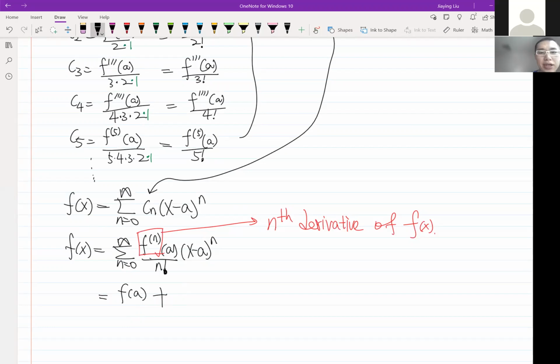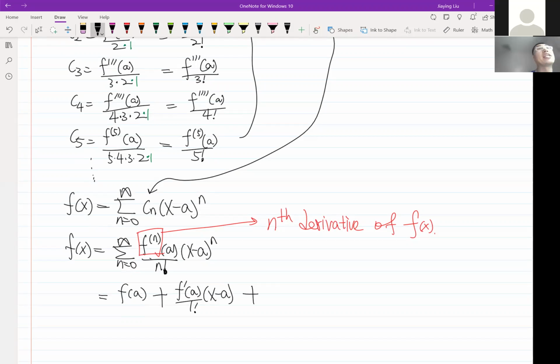Plus, if we put 1 there, it will be the first derivative. So that's f prime of a, divided by 1 factorial, which is just 1. I'm not going to write the 1 in the denominator. You can write it as 1 factorial if you like, but you don't have to. And then x minus a to the first power.